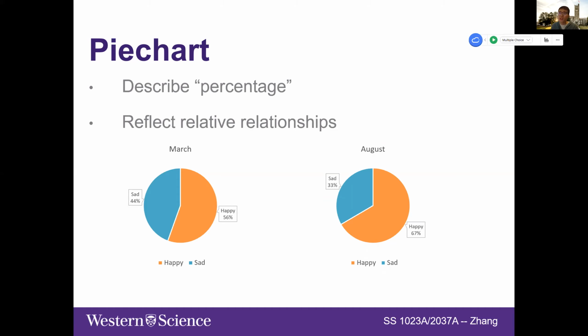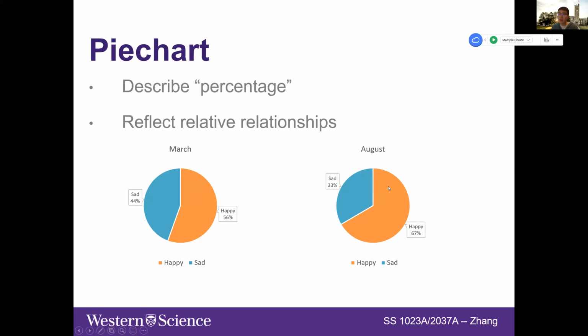But keep in mind that we should be very careful about comparing pie charts, especially two different pie charts. For example, we observe a much smaller orange area in March than the orange part in August. That means the percentage of happy in March is less than the percentage of happy in August. But does that mean the number of happy days in March is fewer than in August?